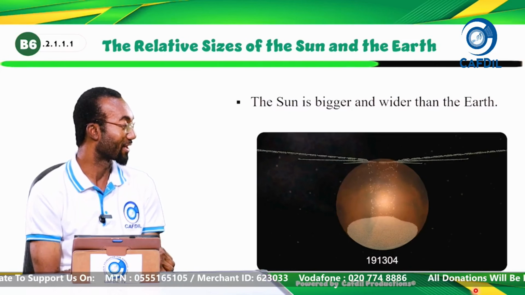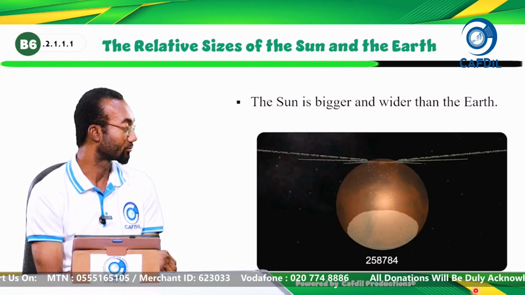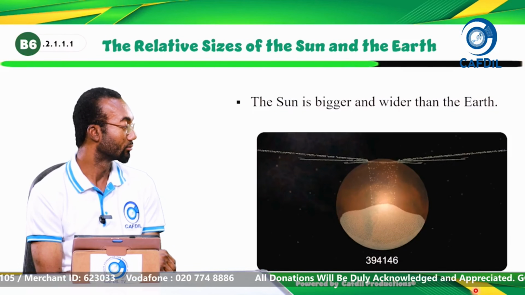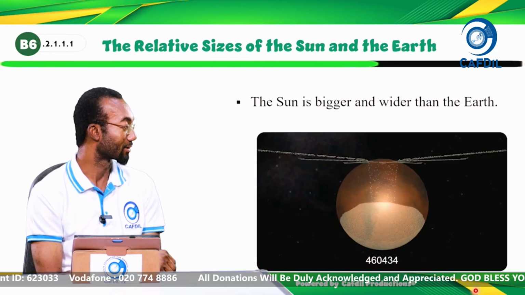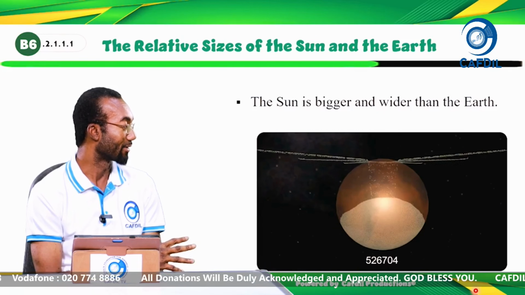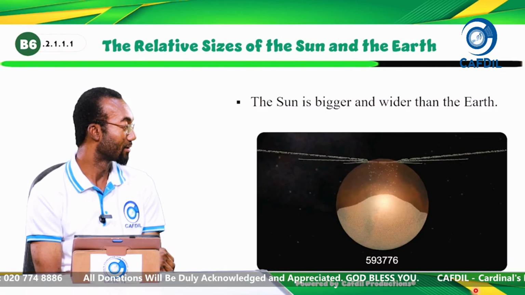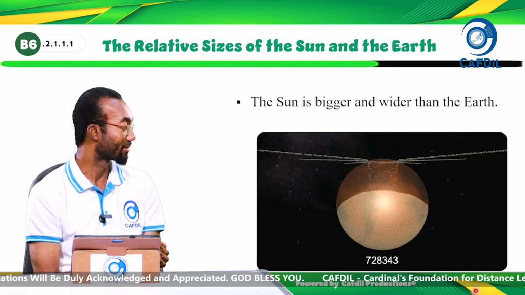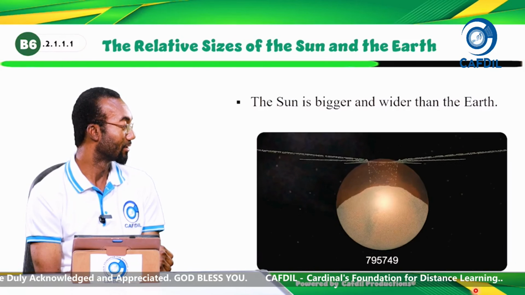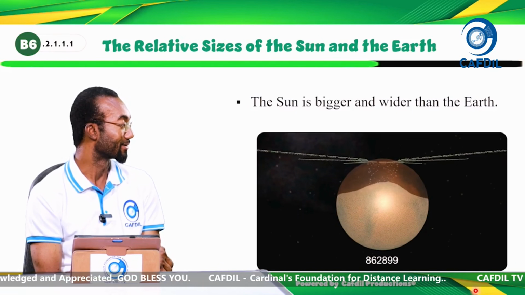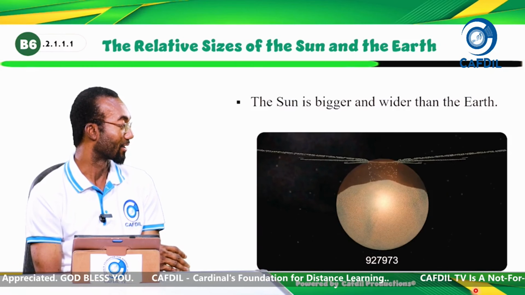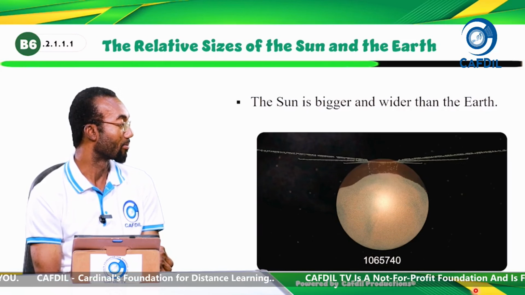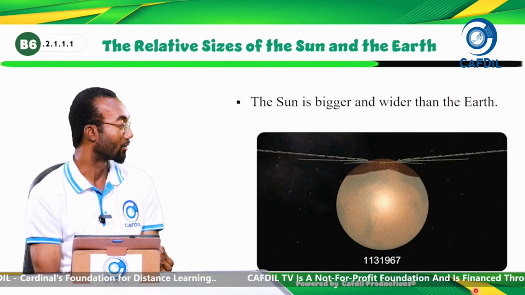So how many of the earth will fill the sun? 300,000, 400,000, 500,000, 600,000, 700,000, 800,000, 900,000, 1 million. Wow.